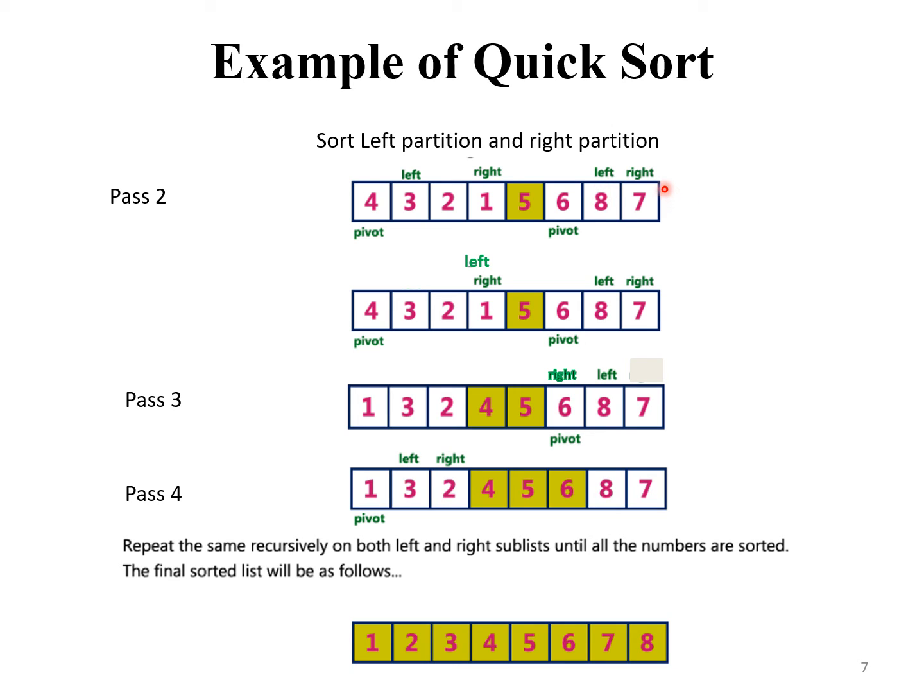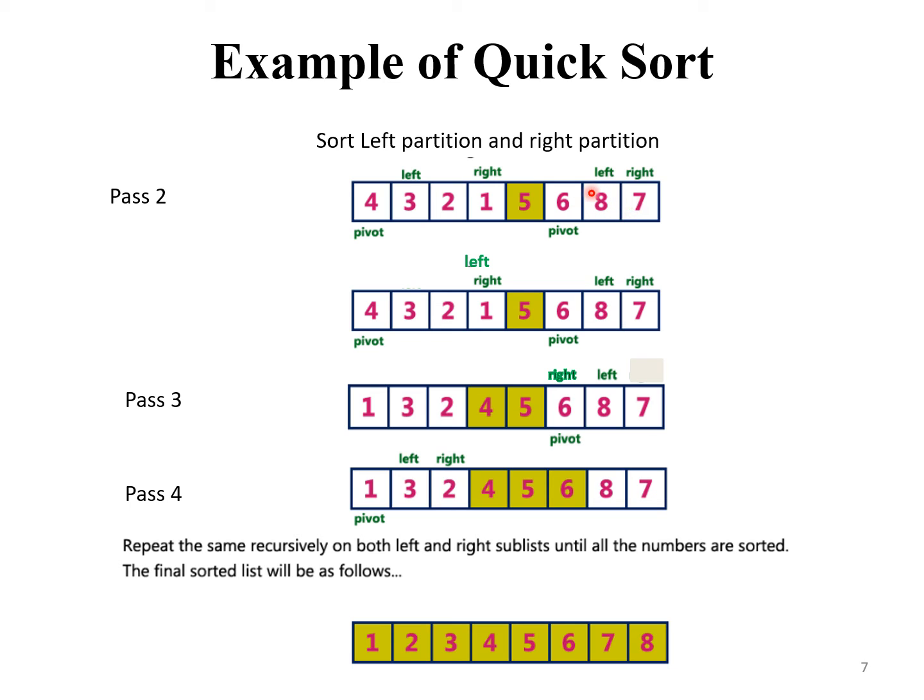Now we will see the right position. Right is greater than the pivot element. This condition is true. That's why right is decremented by 1. Then again we check whether right is greater than the pivot element.